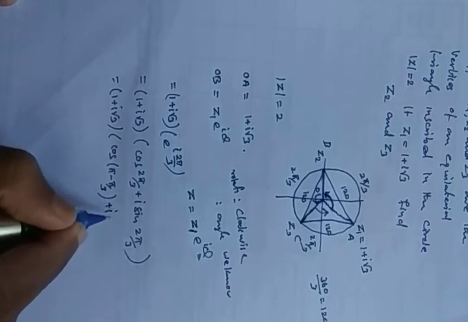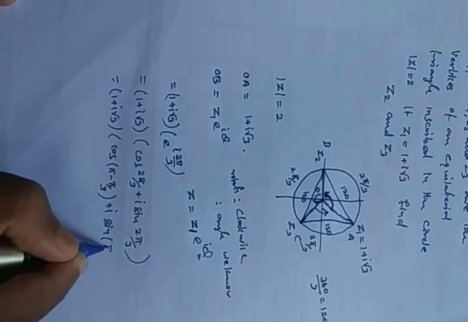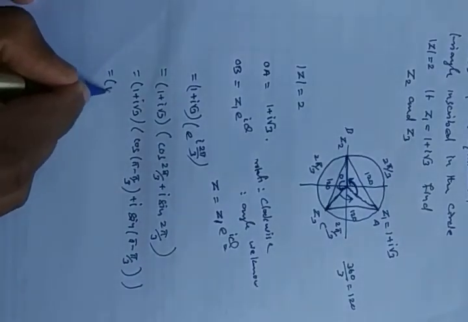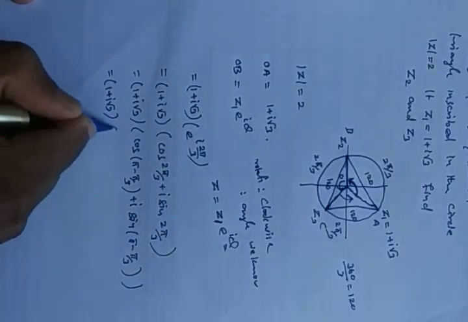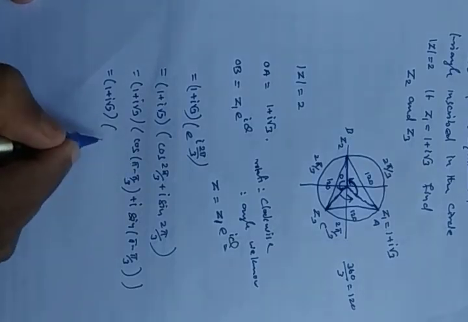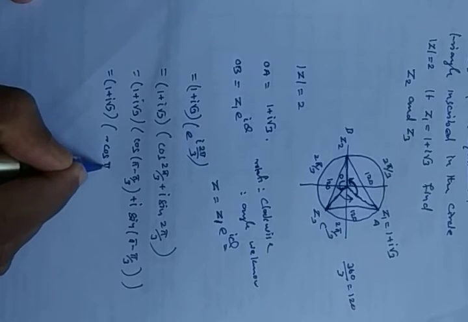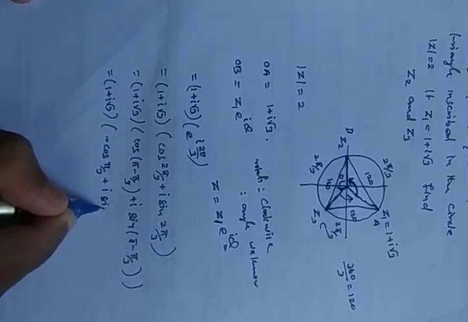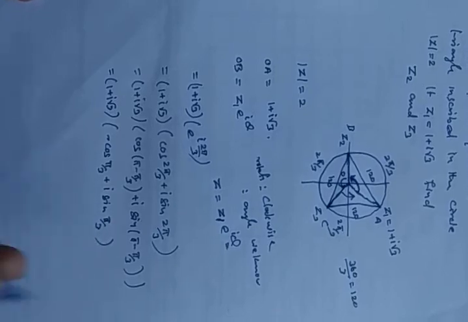Plus i sin, again pi minus pi by 3. So now you check in which quadrant it lies. That's very important. It is pi minus, so second quadrant, where sin alone is positive. Therefore this will come minus cos pi by 3 plus i sin pi by 3, because cos alone is negative, the others are positive. That's the thing.